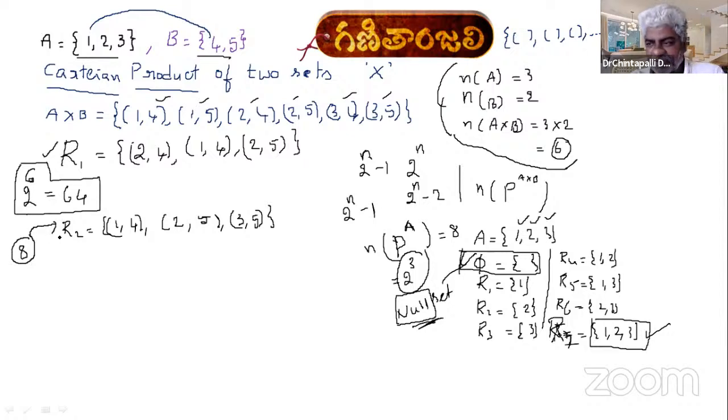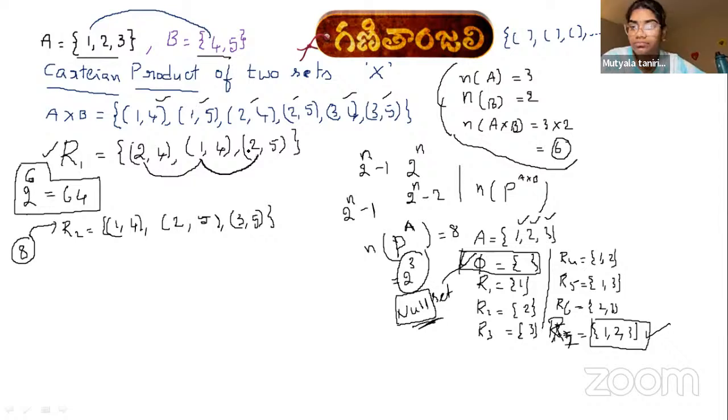What is the specialty of this subset? For example, in R1, we take the first elements, that are 2, 1, 2. Of course, these elements are taken from A only.